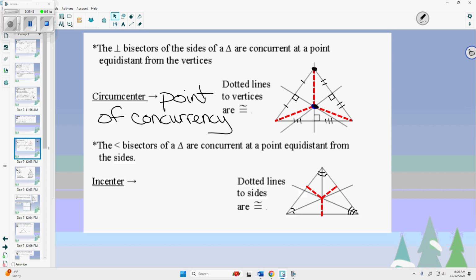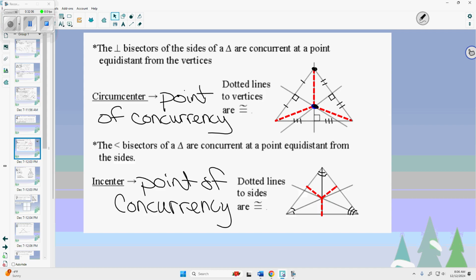Yes? All right. The angle bisectors we saw also were concurrent. They're concurrent at a point that's equidistant from the sides. That point's called the incenter. The incenter is the point of concurrency for angle bisectors.